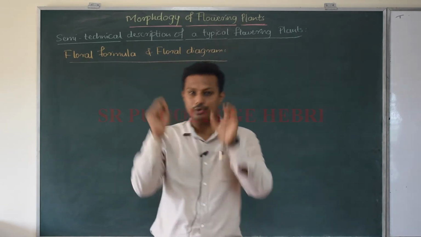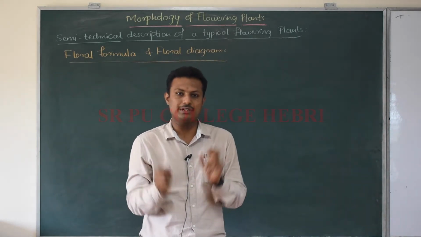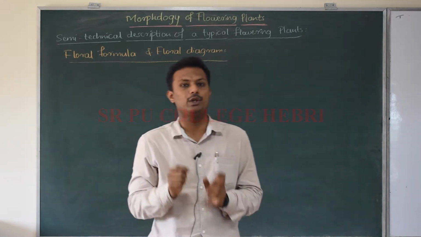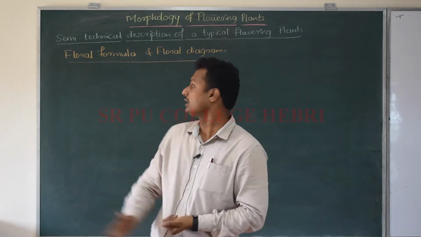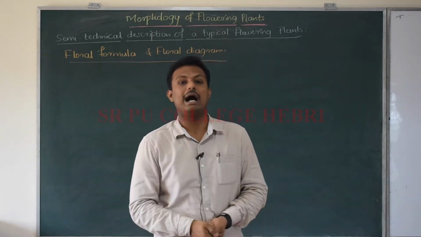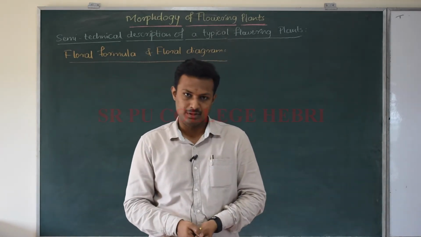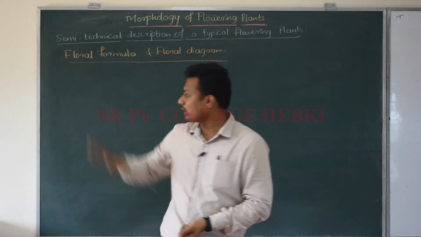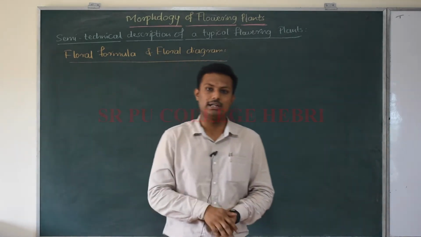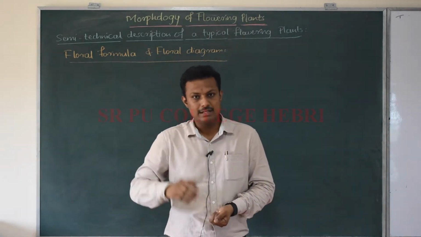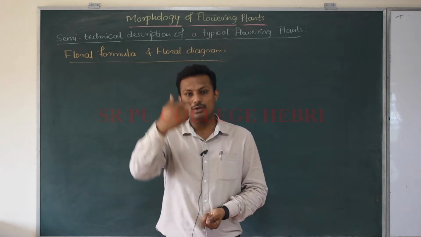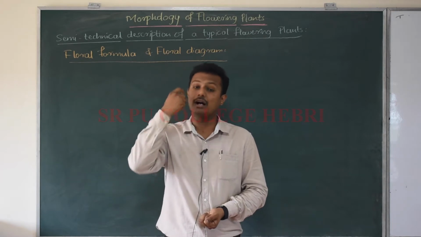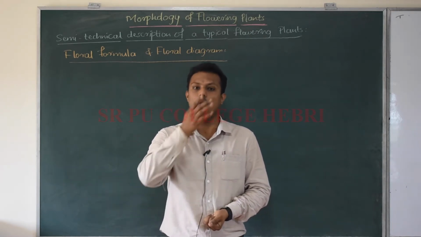So in order to reduce the tediousness of the work, and also in order to give it a symbolic representation, we have got the floral formula and floral diagrams. Okay, so I will tell you what exactly is floral formula and floral diagram in today's session. Right? See, whenever we see a plant, we are going to list out the characteristics in a correct sequence, in a systematic order.